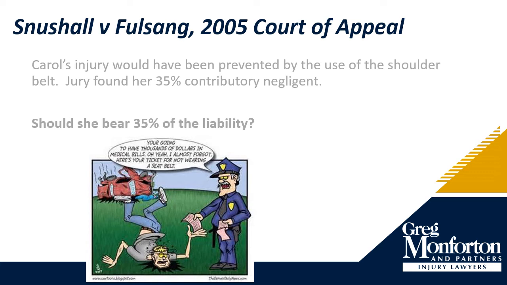And when the judge gave the jury their charge or their instructions, the judge indicated that the usual range for contributory negligence because a plaintiff had not worn a seatbelt is 0 to 25%. The interesting thing here is that the jury imposed a higher percentage of contributory negligence on Ms. Snushel, putting her at 35%, which is outside that 0 to 25% range.